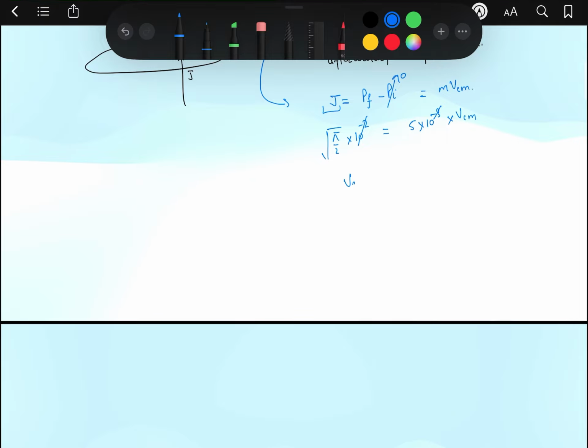So here velocity of center of mass will be equal to root under pi by 2 times 10 divided by 5. So this is 2 here. So velocity of center of mass will be equal to root under 2 pi meter per second. Okay, so velocity of center of mass we are getting root under 2 pi meter per second.